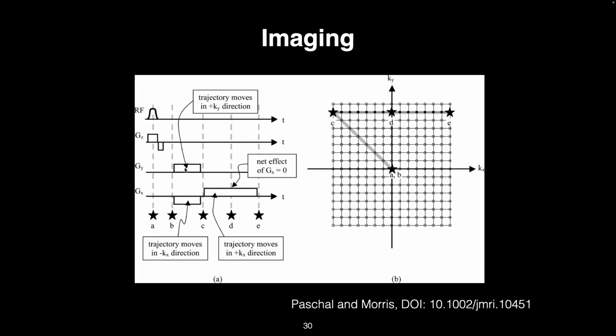Even though we call these encoding gradients and this typically a readout gradient, because this is where we're actually doing signal detection, the net effect of the gradients on our signal and the properties of the signal can be accounted for by taking the total area over time of each gradient. This is called the time integral, essentially adding up the effects of the gradient areas over time.